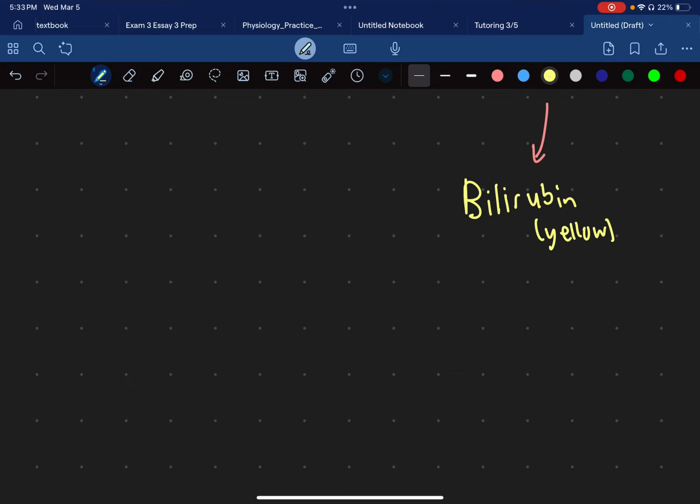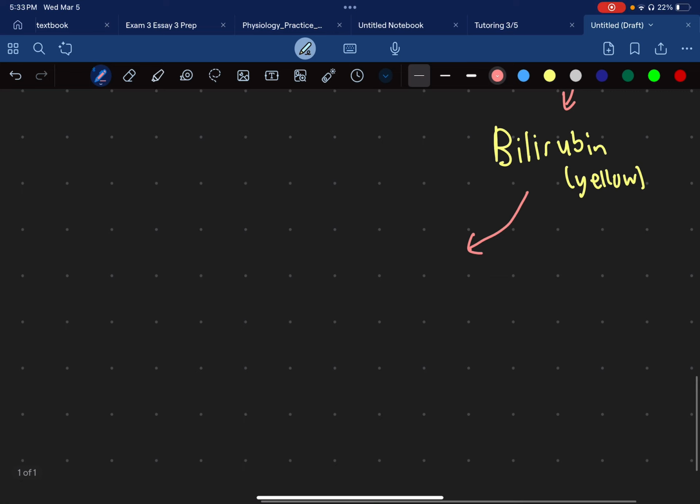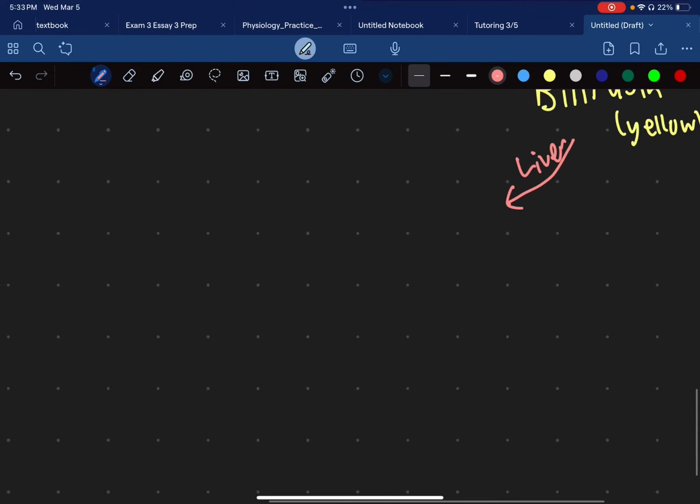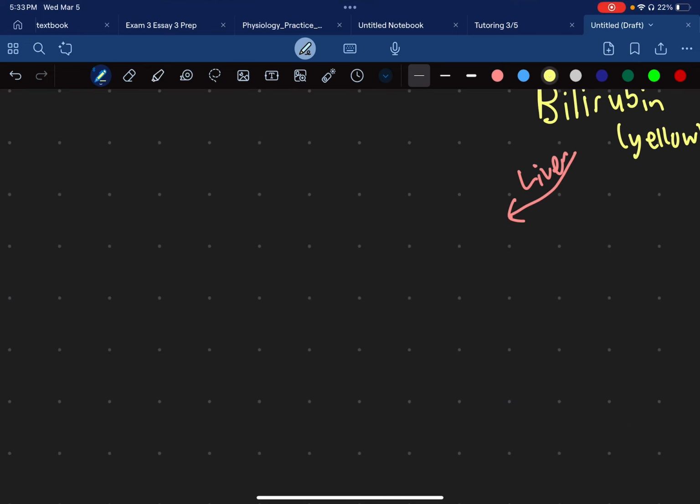The bilirubin is going to go to the liver. So we'll just say liver. And once in the liver, it's going to be conjugated. So it's going to become conjugated bilirubin.